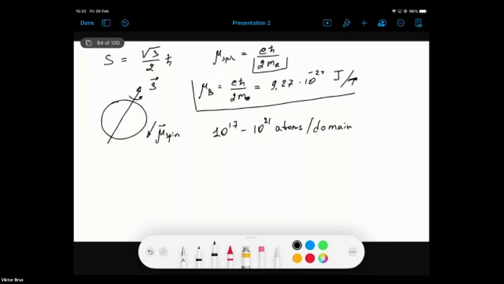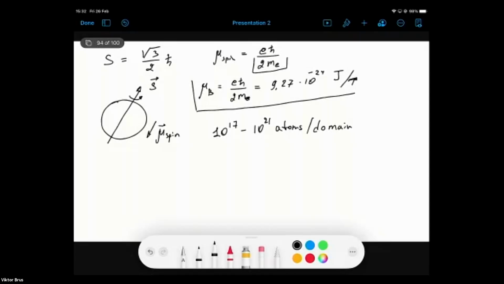Initially each of these domains possesses some resultant strong magnetic moment, because all molecules, due to strong coupling between their magnetic moments, are oriented in the same direction.